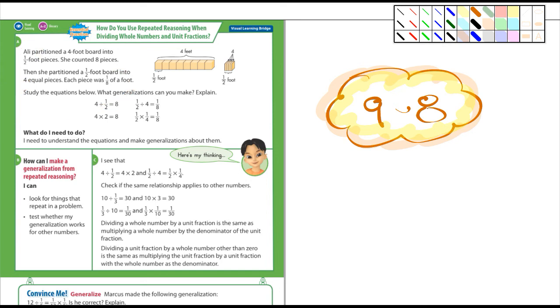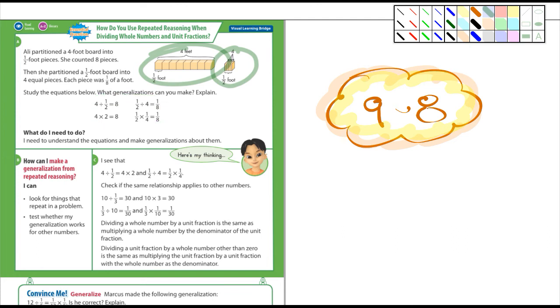It says Ali partitioned a 4-foot board into half-foot pieces. So here's our 4-foot board into half-foot pieces. And then she partitioned a half-foot board into 4 equal pieces. And it says, study the equations below. These are the equations they're talking about, those 4.